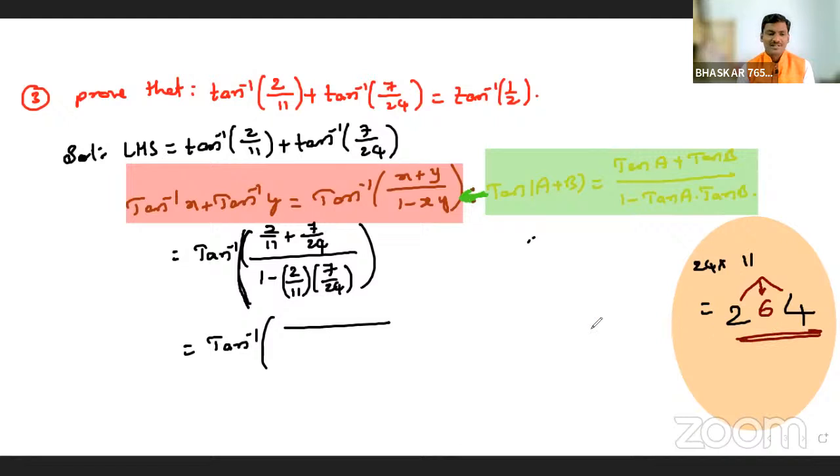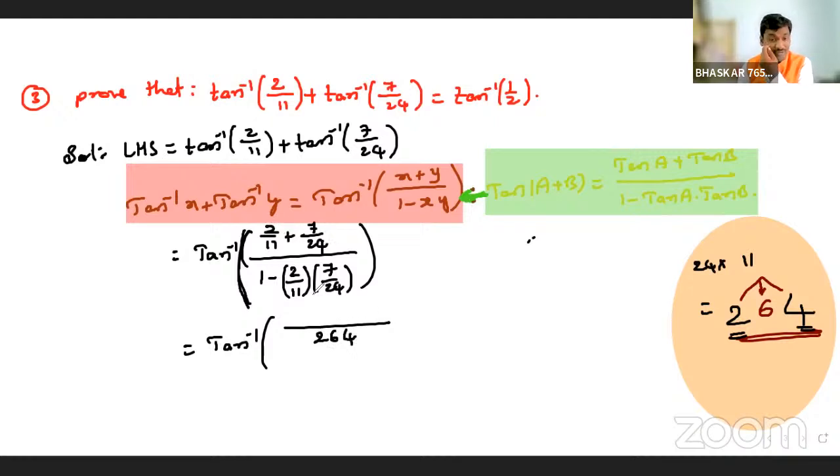That is the answer. Very easy, right? So 11 into 24 is 264.